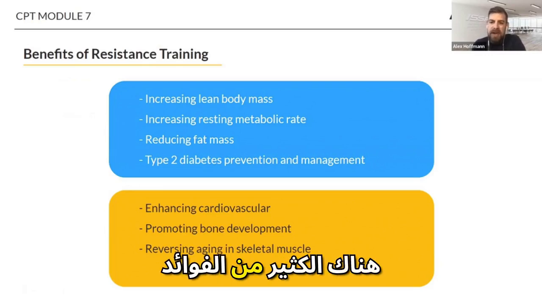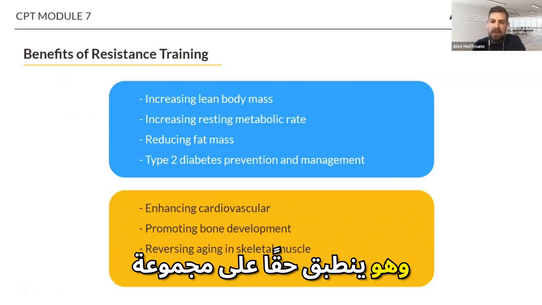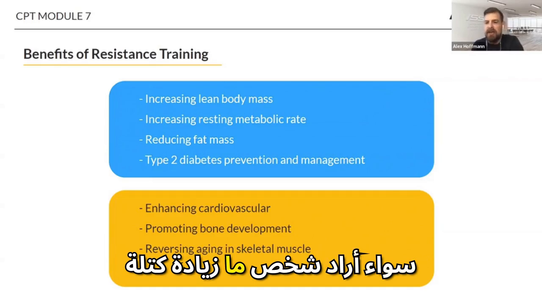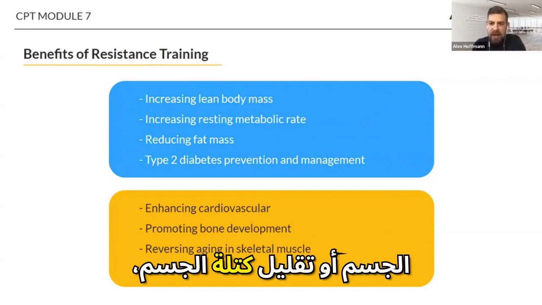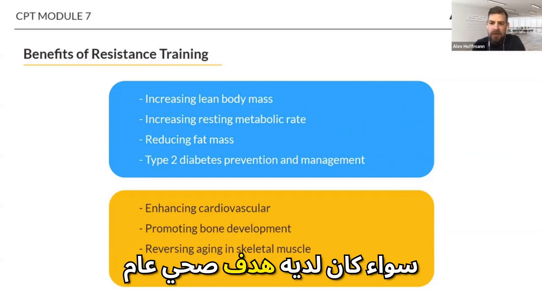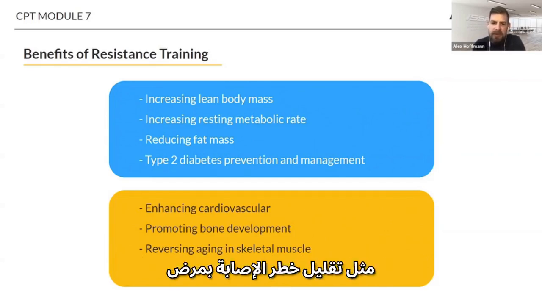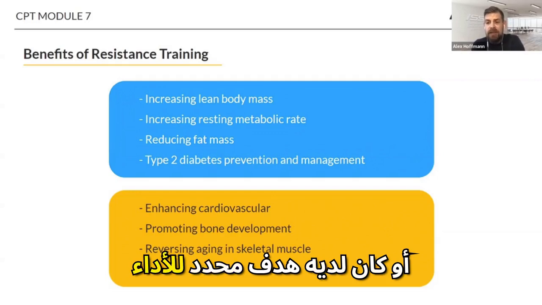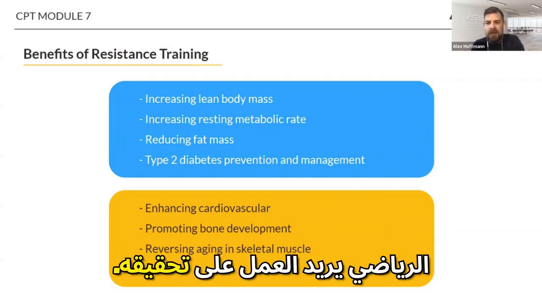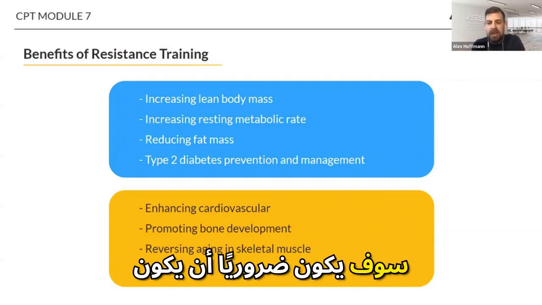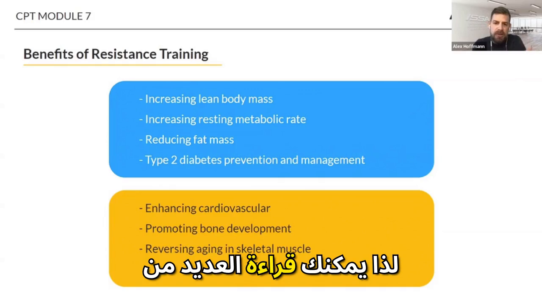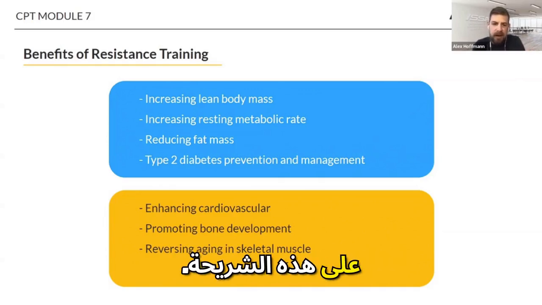There are just so many benefits, and it applies to a variety of goals, whether someone wants to increase body mass, reduce body mass, whether they have a general health goal, such as reducing the risk of type 2 diabetes, or they have a specific sports performance goal they want to work towards. Resistance training is generally going to need to be a part of that program. So you can read through what many of the benefits are on this slide.